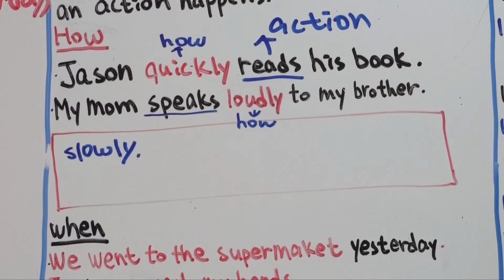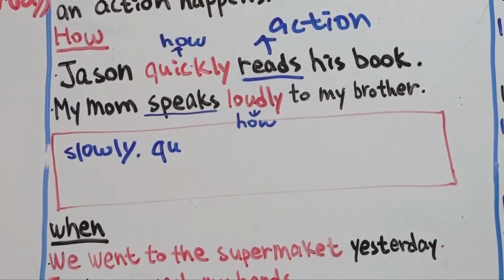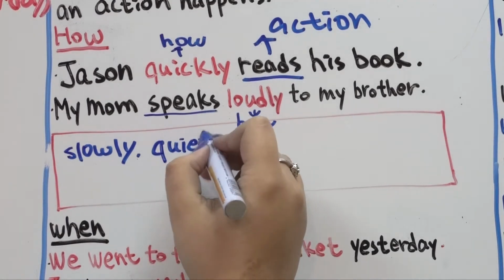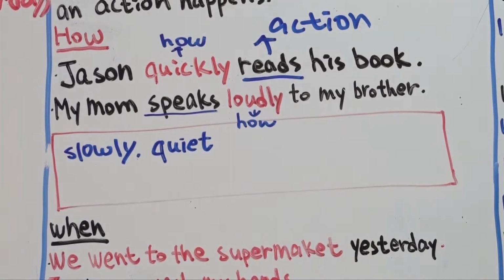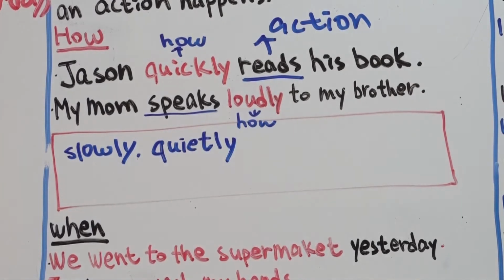So the opposite will be quiet, right? Quiet. Quiet is an adjective. To make it an adverb, we have to add ly. Quietly.